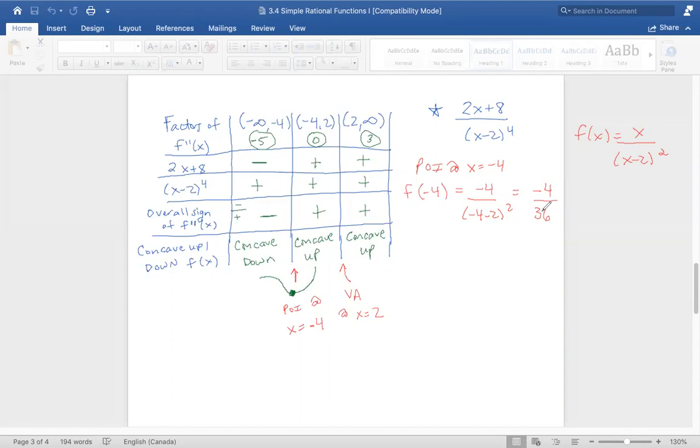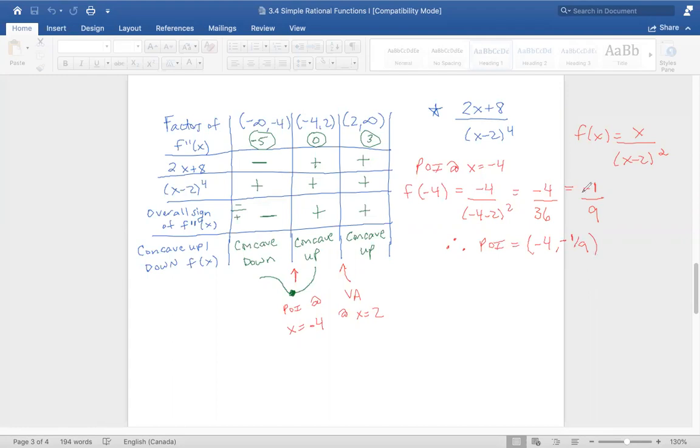And does 4 and 36 combine into something nice? 4 divided by 4 and 36 divided by 4 ends up with a -1/9. So therefore, my point of inflection is at -4 and -1/9.